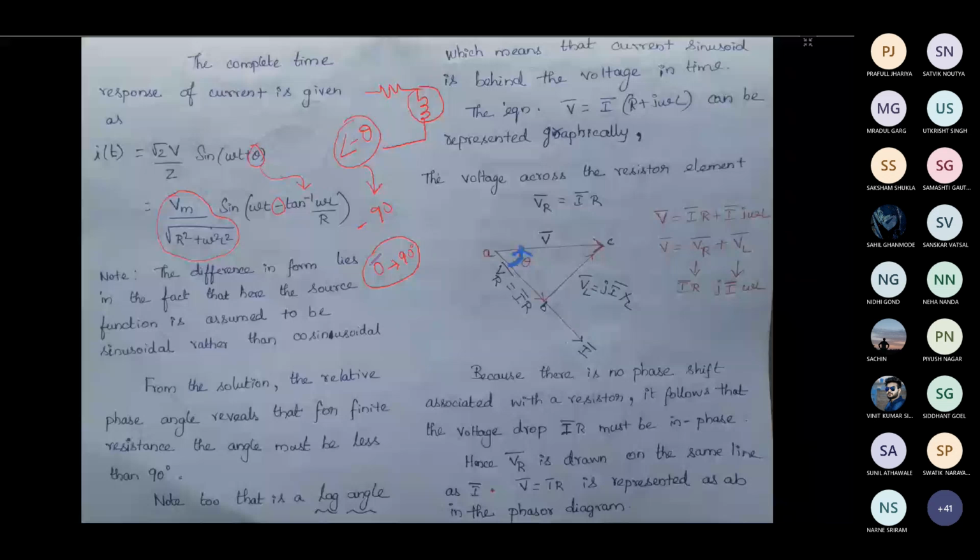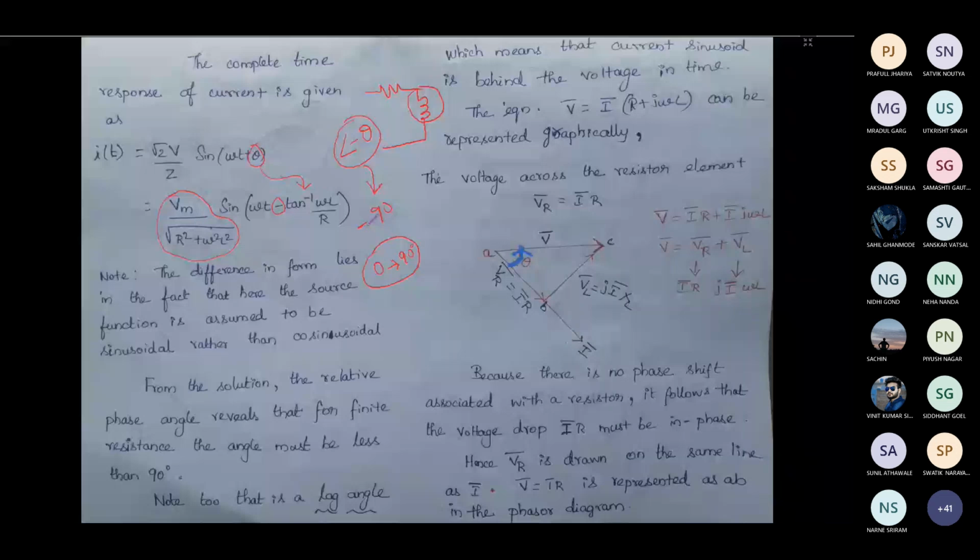Okay, so always when you are having an inductive circuit, the current will be lagging the voltage by some angle that will be lesser than 90 degree. Okay, so that is the conclusion from this. The current in the inductive circuit always lags the voltage by some angle less than 90 degree.